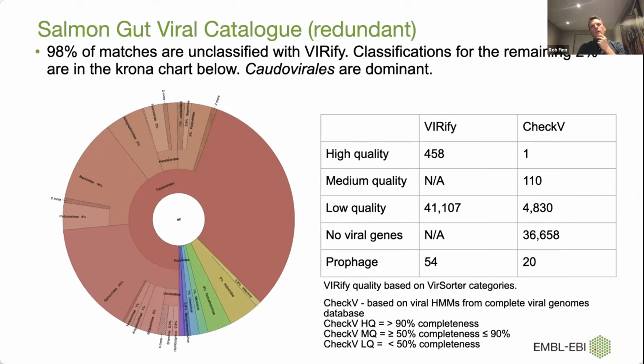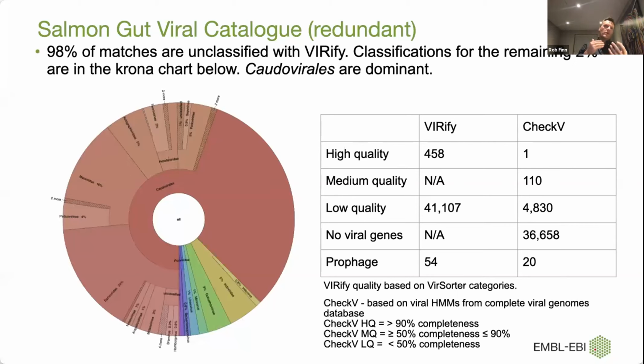We've analyzed a salmon gut metagenomics data set, and what we find is, although we can identify tens of thousands of potential viral contigs, 98% of those are unclassified with Verify. And if we look at other classification systems, the number of unclassified goes up. So there's 2% that we can actually do something with.